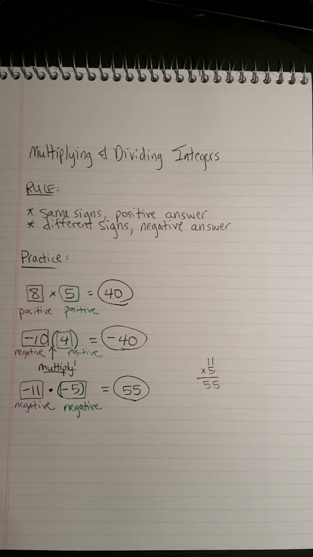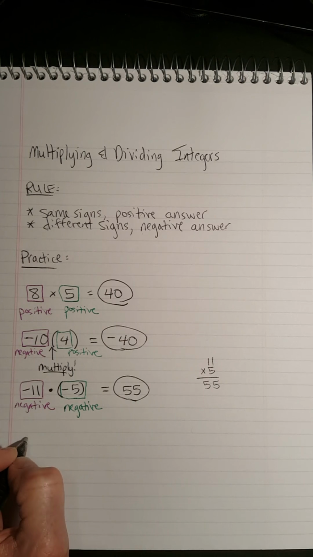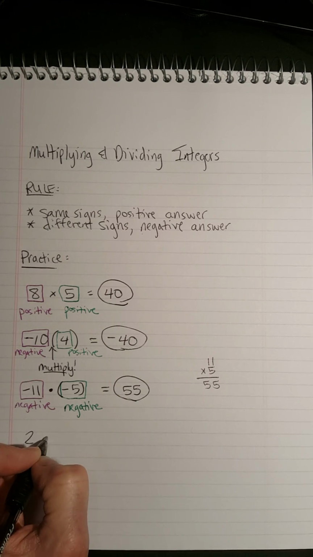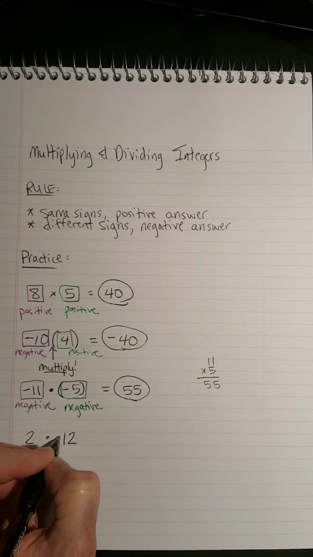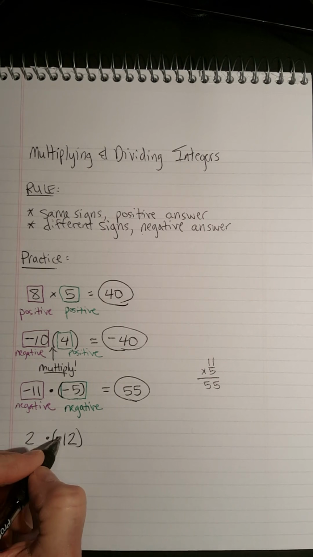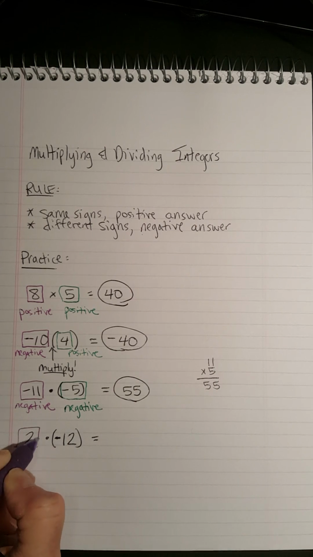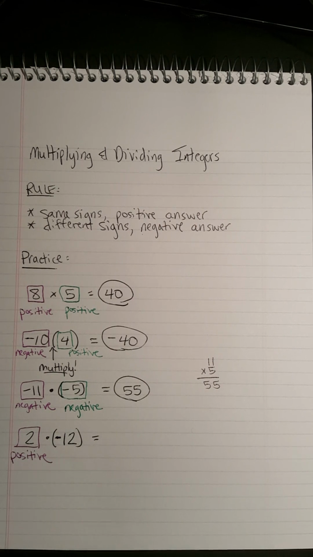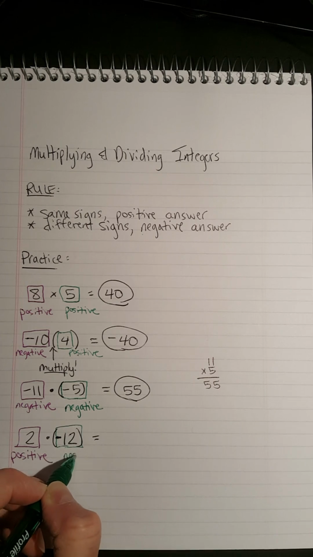All right, and then let's do one that's opposite of this one. So if I have 2 times -12. So on this one, 2 is a positive number, and -12 is a negative number.